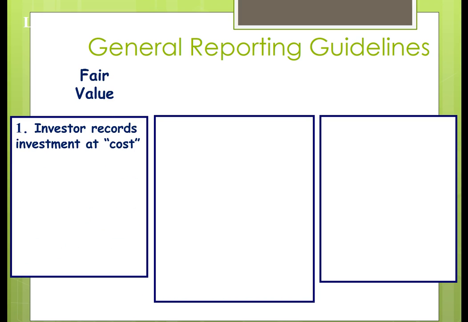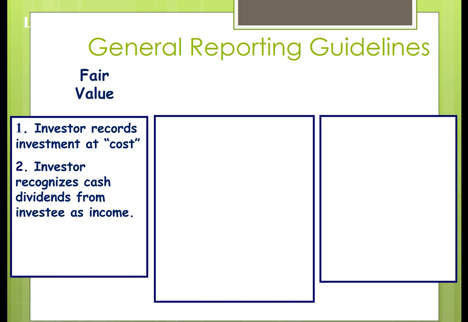Now, what does it mean in terms of how you record transactions between the parent and the sub? If you're using the fair value method, you're going to record the initial investment, and the only income you will record as part of this investment would be if you receive any dividends. That would be the only income you would get from this subsidiary.